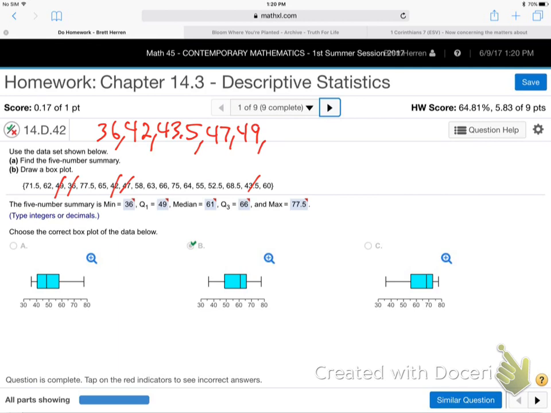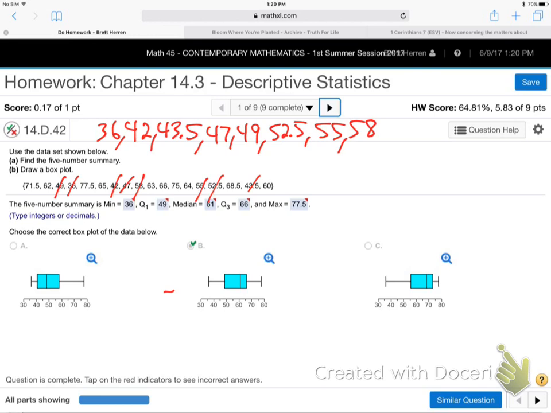What's next? 52.5? And 55 maybe? Trouble seeing them on my little iPad thing. And then I guess 58. Yeah. That's the end of the 50s. And then the 60s. What's the lowest? 62? 60.